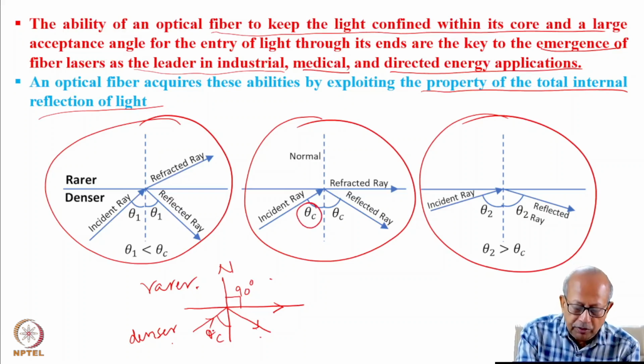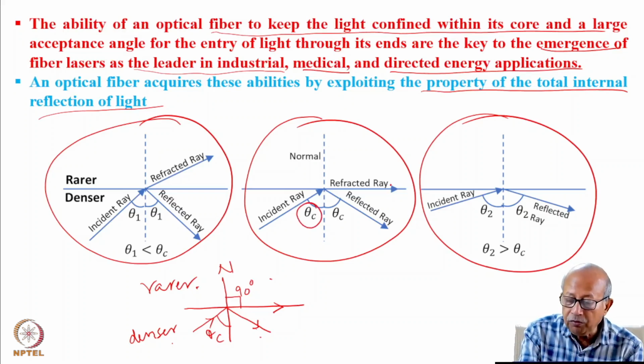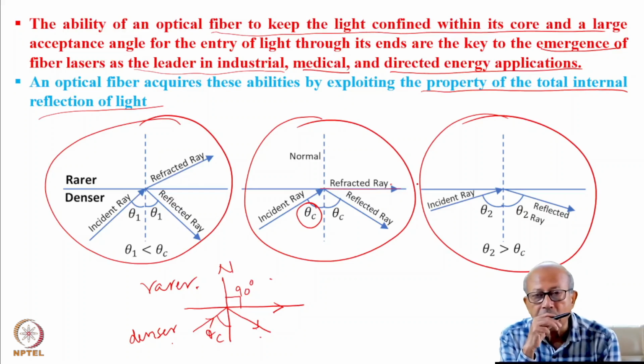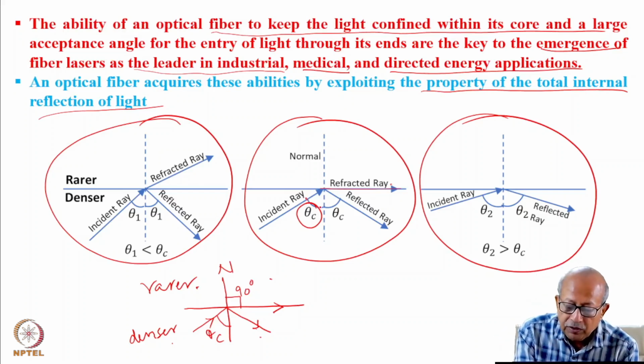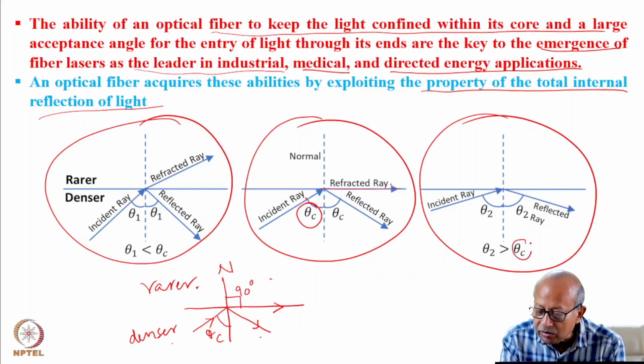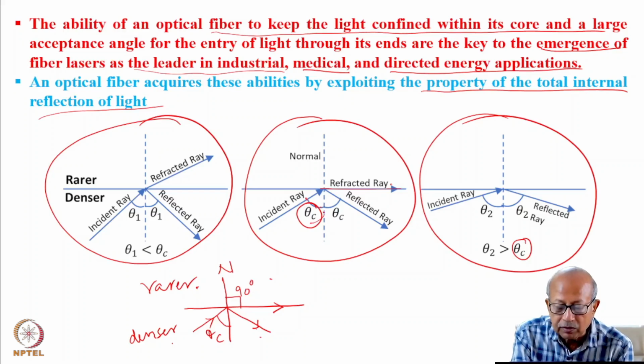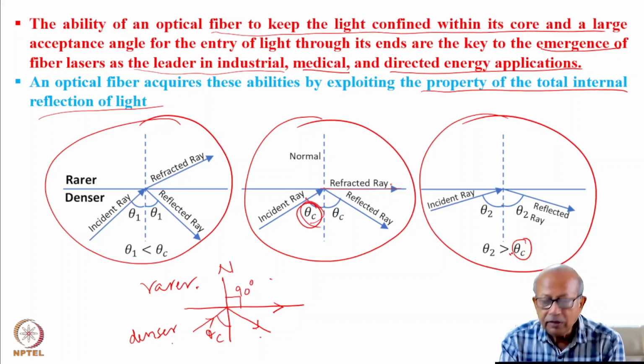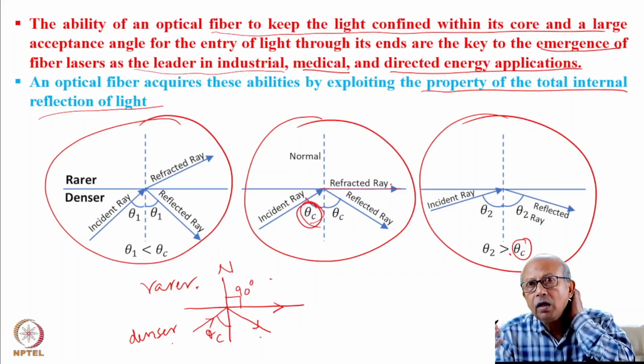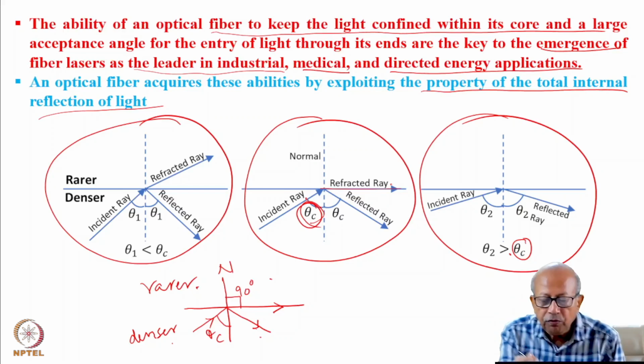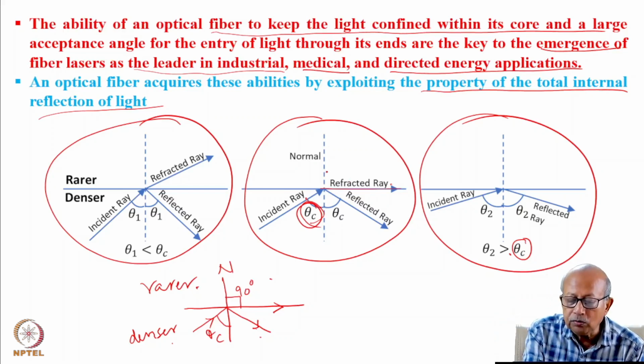This angle is called the critical angle. If the angle of incidence just exceeds this critical angle, theta c, then there is no more scope for refraction to occur, because refraction has already assumed the highest value, which is 90 degrees.